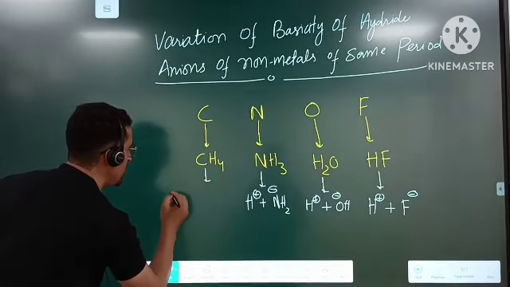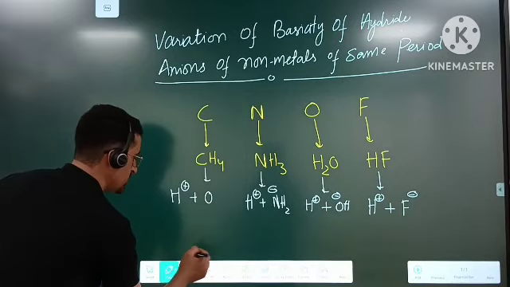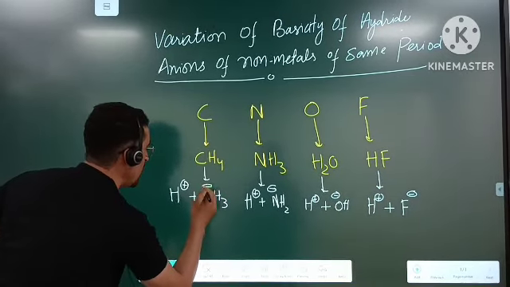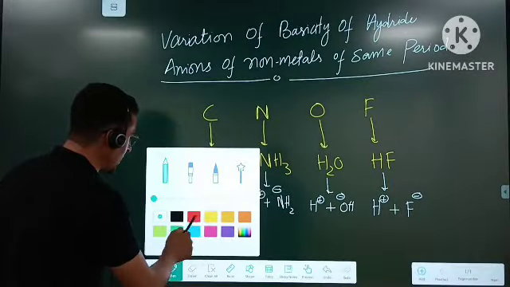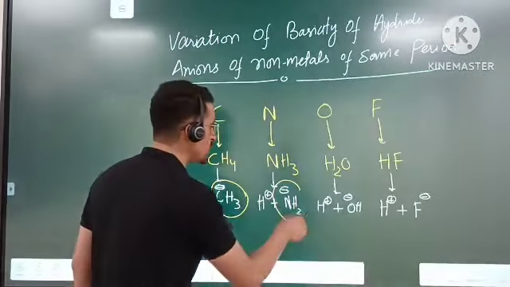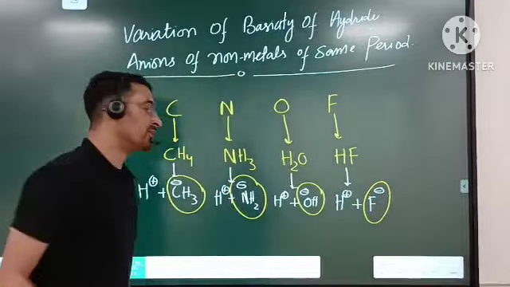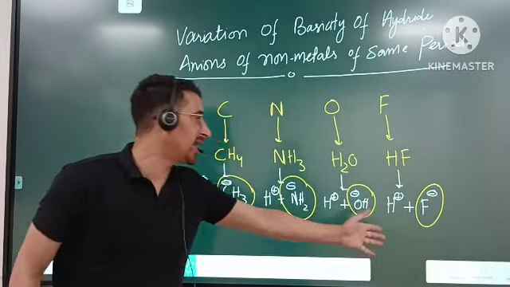Similarly CH4 will dissociate into H plus and CH3 negative anion. Now you can easily see we are getting these species: CH3 negative, NH2 negative, OH negative and F negative. So what are these? These are anions of hydrides.